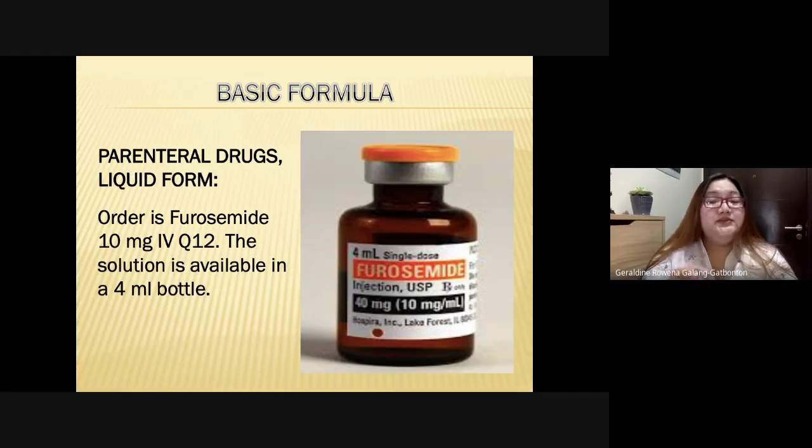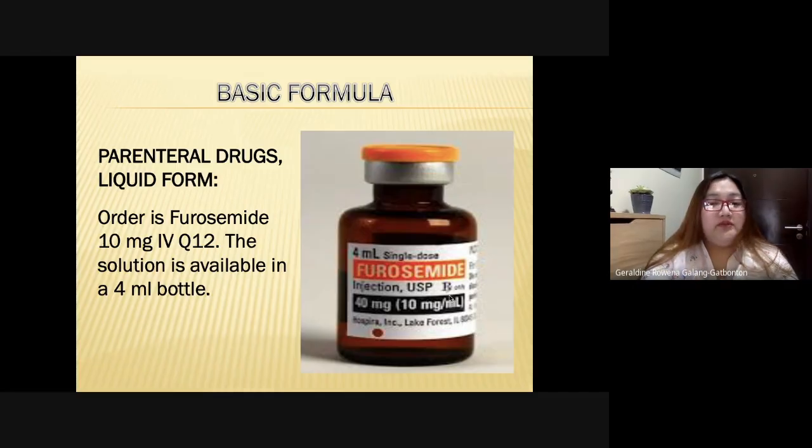So you can use any. Pero I suggest, para hindi kayo malito at may nakikita kayo lagi na mg per ml, yung magka-partner, yun na lang yung gamitin nyo na H and Q. So, dose on hand is 10 mg, quantity 1 ml.